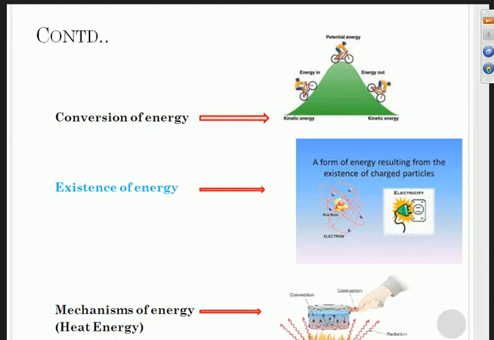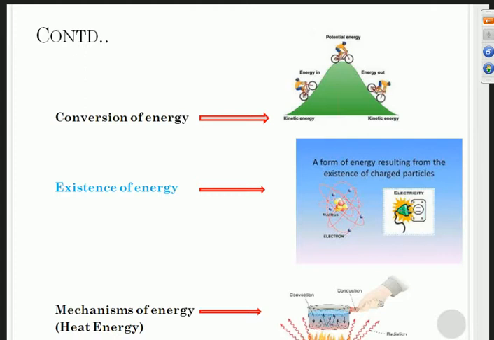Then let us go into another point known as mechanisms of energy. Consider a simple example: a kettle with some water, held by its handle. Fire is coming beneath the vessel, which means that radiation is there. Some black arrow marks inside the kettle represent convection. And you can see the heat flows through the handle, that is conduction.